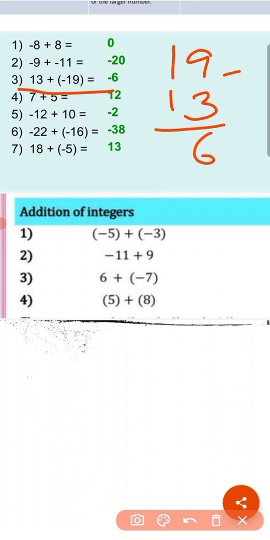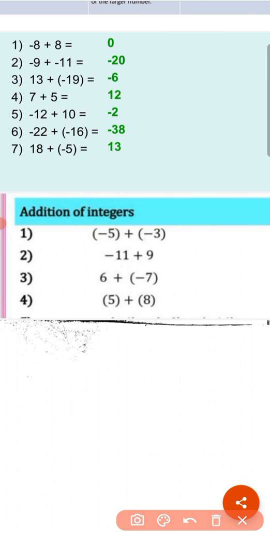Since the larger number is 19, our answer is also negative, because the sign of 19 is negative. So the answer is negative 6. Okay. Here we are adding two numbers with different sign. Subtract the smaller number from the bigger number and put the bigger number's sign. Here the bigger number is 19. So our answer is negative 6.